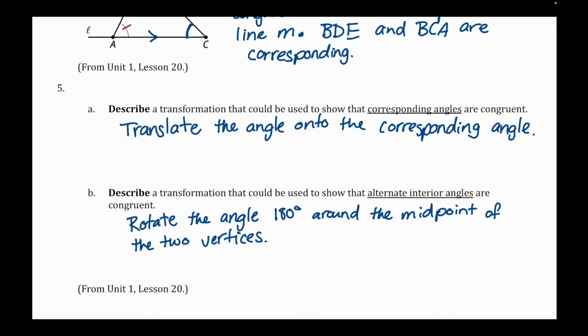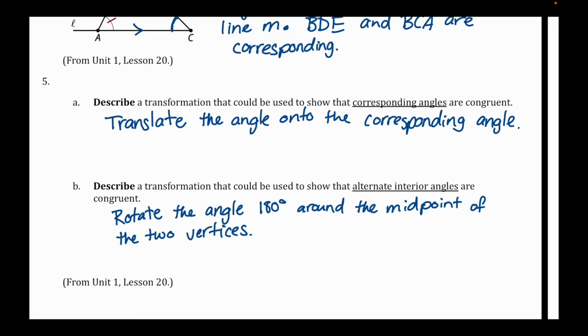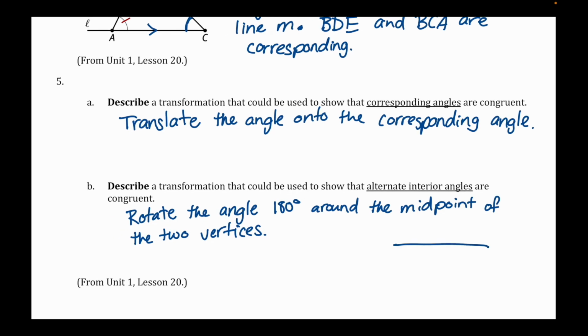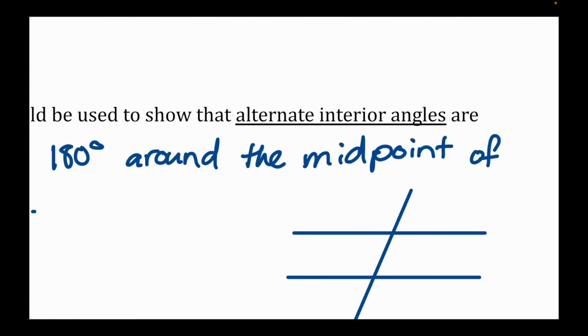So to show you what I mean, you don't have to include this picture, but I'm going to include a picture for you. It's just not necessary for your answer. This transversal, we'll use a thinner marker, we're saying that these alternate interior angles are equal. We want to use the midpoint right in here and rotate 180 degrees around that, and that'll map them onto each other.